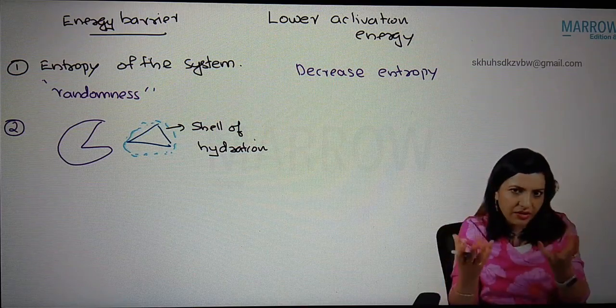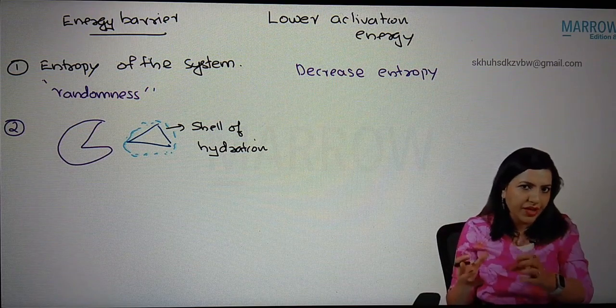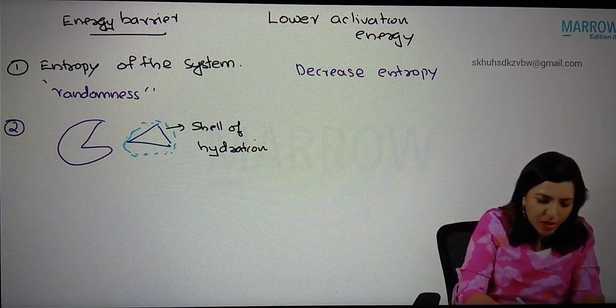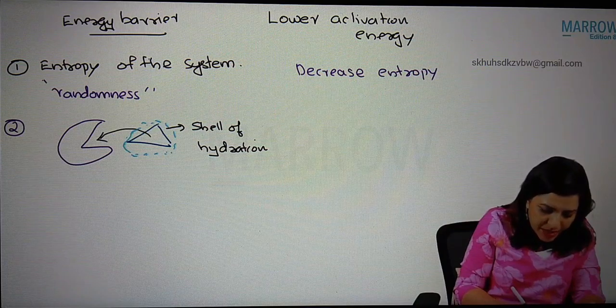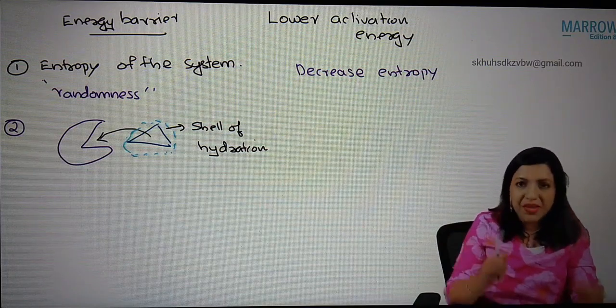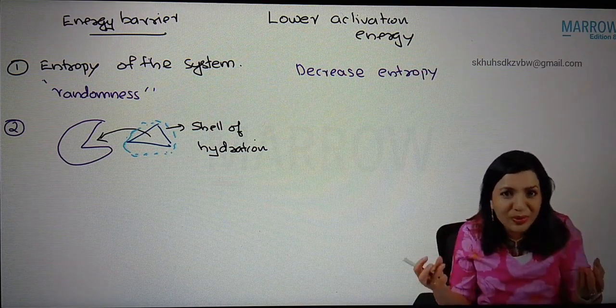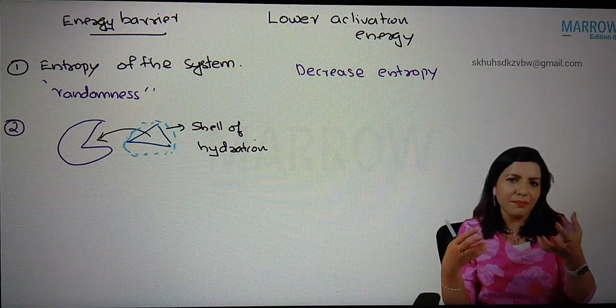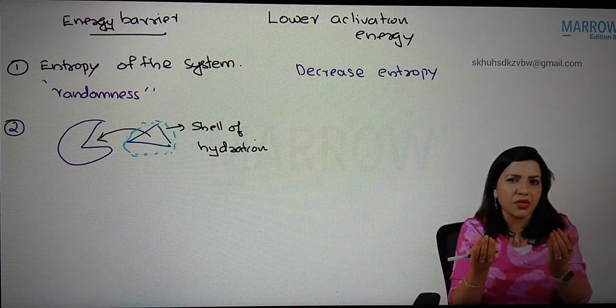So if there is a shell of hydration around the particle, it is soluble. Okay, fine. But what is the problem here? If the substrate has to bind with this active site, then the shell of hydration has to be removed. I will just compare the shell of hydration to the negativity always surrounding you.